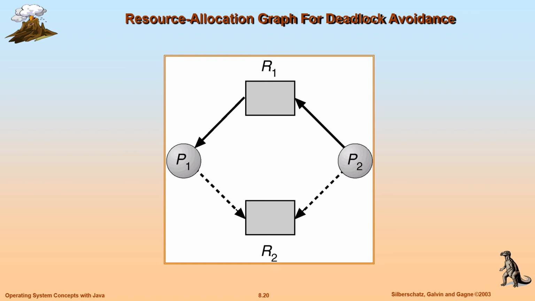Now here in this diagram, R1 is held by P1, but P2 wants R1. Okay, these are the dashed lines. P1 wants R2 and P2 also wants this resource.